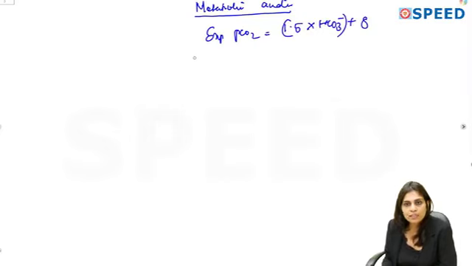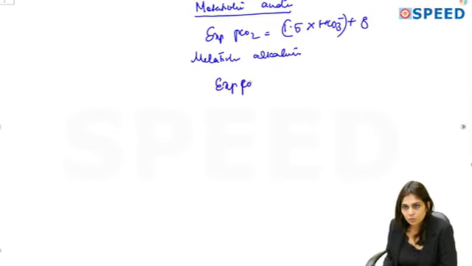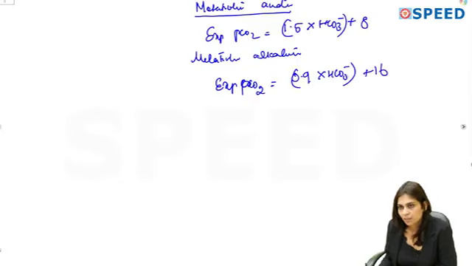Now I am going to tell you the formula for metabolic alkalosis. For metabolic alkalosis, expected PCO2 is equal to 0.9 into bicarbonate plus 16.